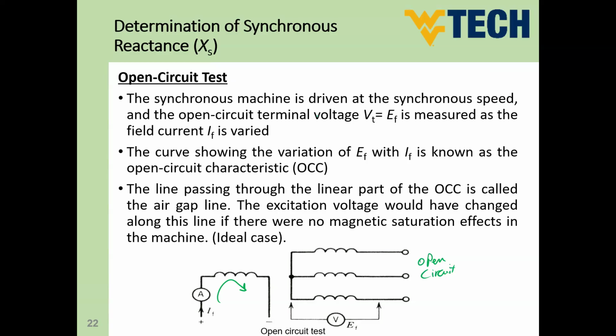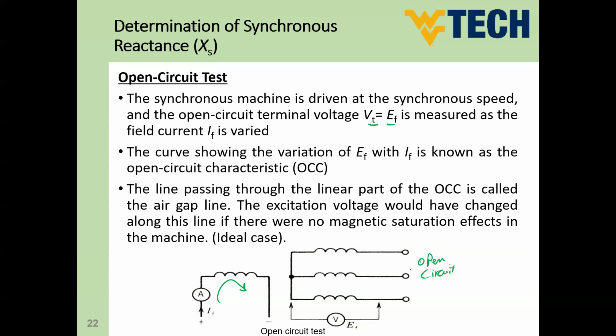And open the circuit. So in this case, V terminal is going to be the same as the induced volt. You don't have current, you don't have voltage drop across your windings. So in this case, the volt right here is going to be the same as the induced volt inside the machine. But again, we don't need the line to line, we need the line to neutral.